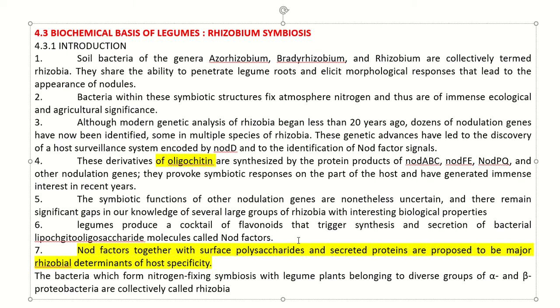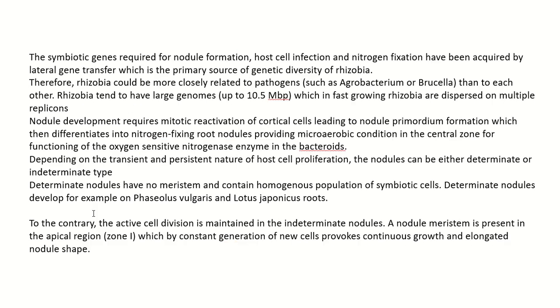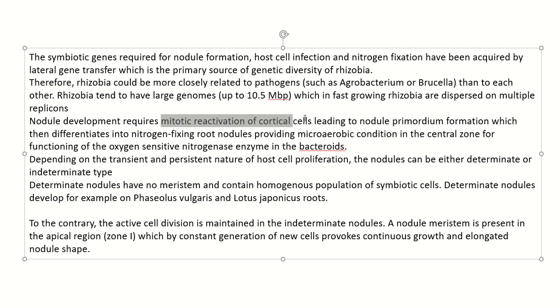So nitrogen fixing names, as you know, alpha, beta proteobacteria, are collectively called rhizobia, and symbiotic genes are required for the nodule formation, how the mitotic reactivation of cortical cells leads to the nodule primordia formation and differentiation, and how the oxygen sensitivity of the nitrogenase enzyme in the bacteroids has already been taught to you in the previous slide.